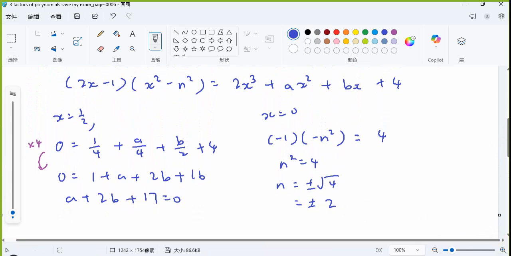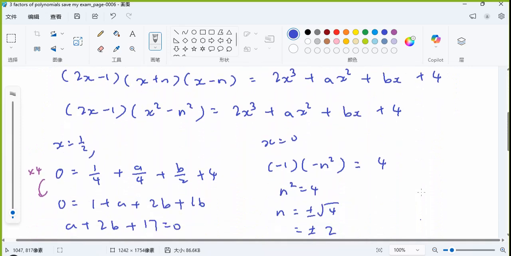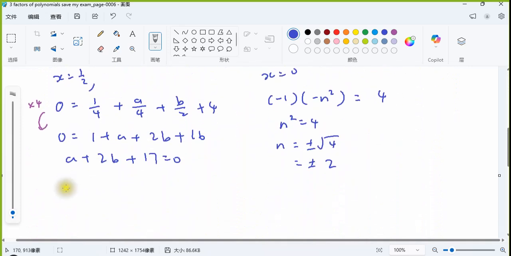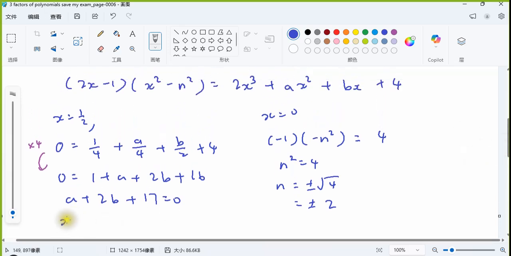Next, maybe I substitute x equal to 1. So I sub x equal to 1. Then we have 2 minus 1 is 1. 1 minus 2 squared, 1 minus 4, then is negative 3, is 2 plus a plus b plus 4.